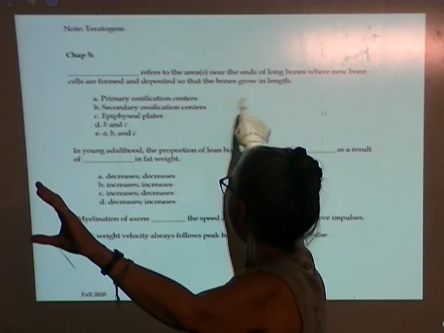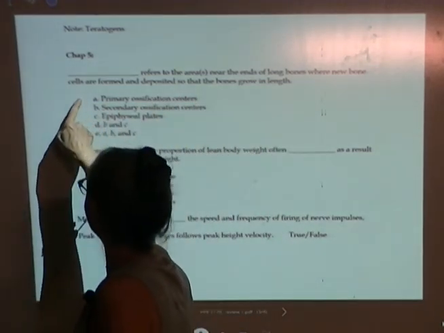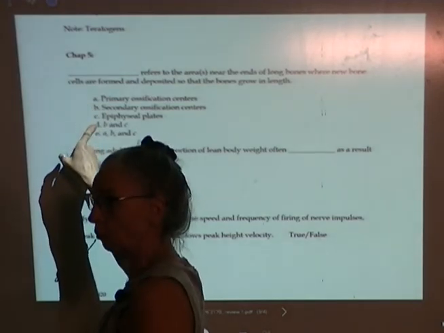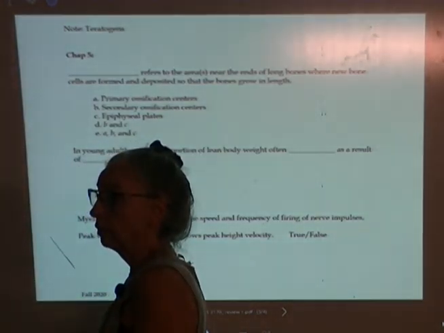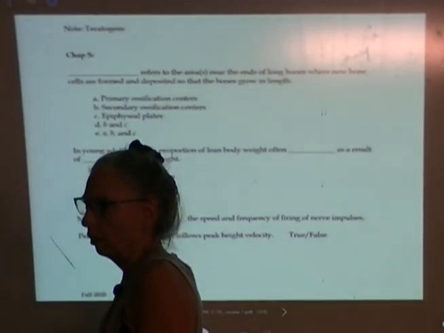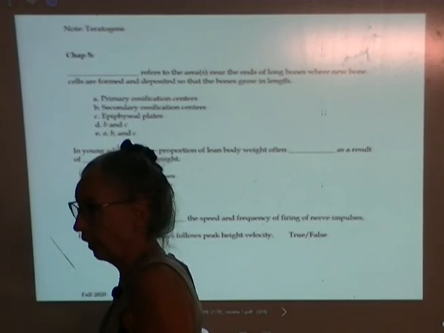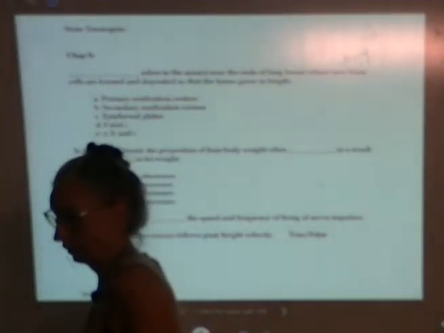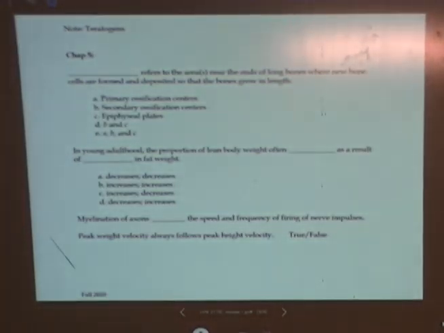So if that hint gives you that answer, you could cross out A, and now you've only got 3 answers to pick from, that's a 33% chance of getting it right. Don't ever leave them blank. Don't ever leave them blank, right? Even if you're guessing, okay? All right.